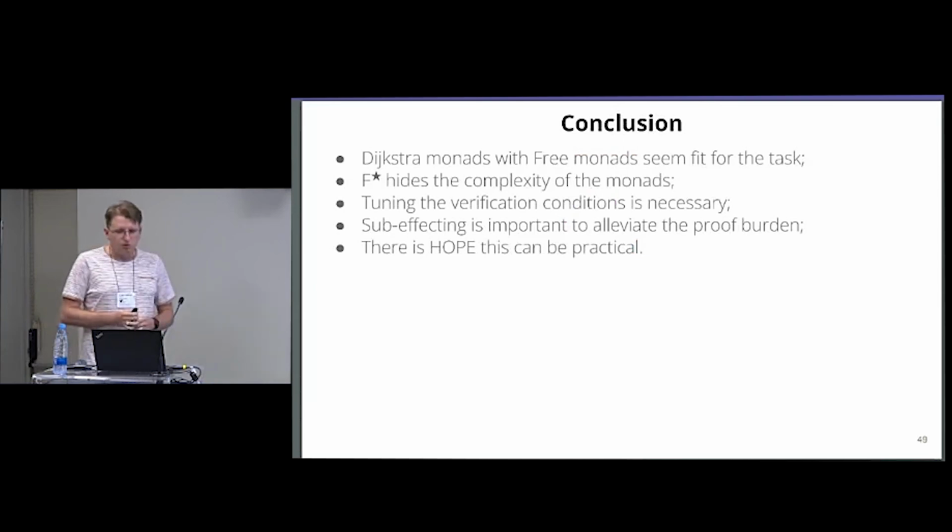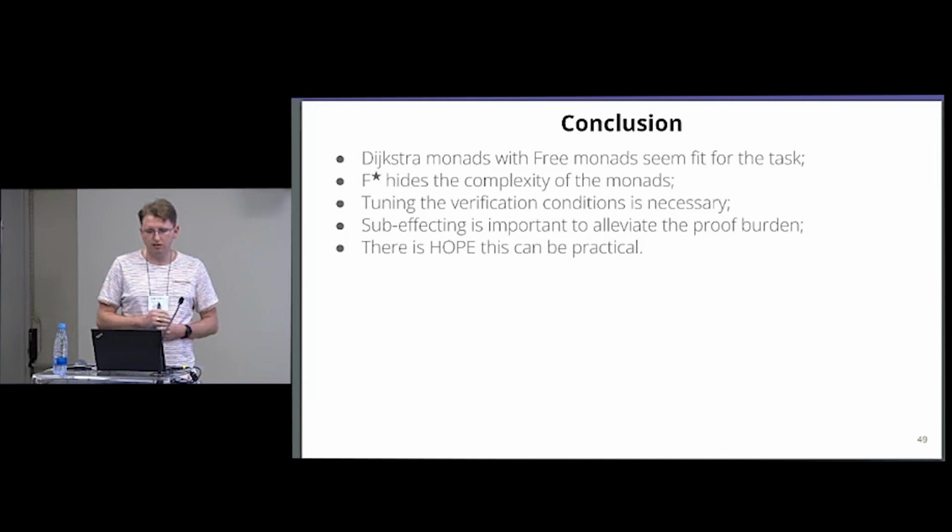Right, so some conclusions. The extra monads with free monads seem fit for this task. Actually, this work started as a case study for the extra monads to see if they are practical to verify bigger projects.